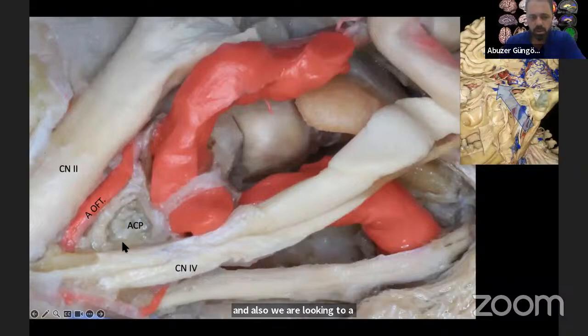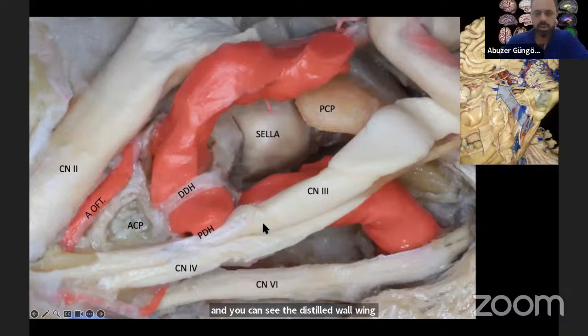This is the anterior clinoid process, removed to see the carotid artery. And you can see the distal dural ring and proximal dural ring, and also the sellar region.